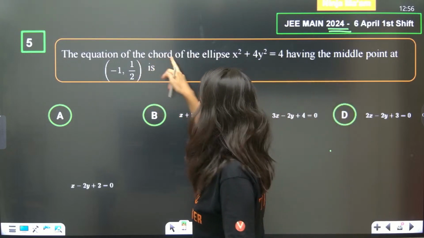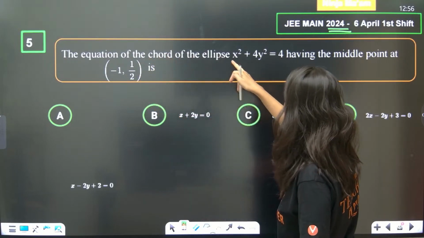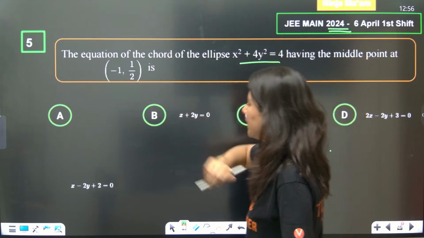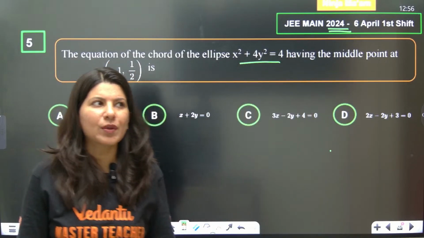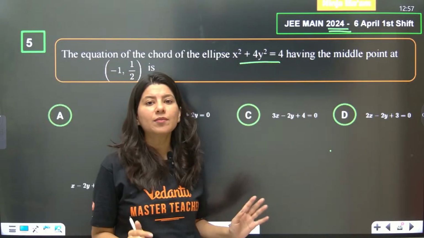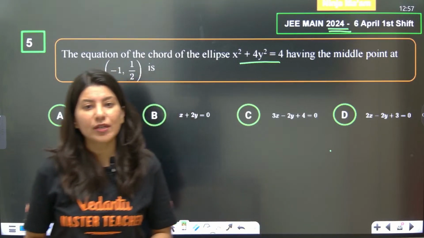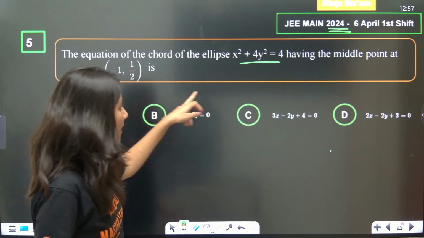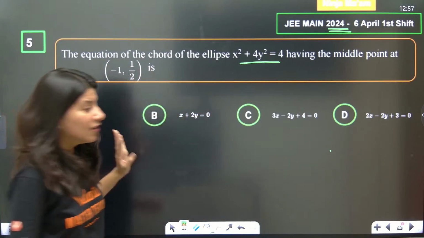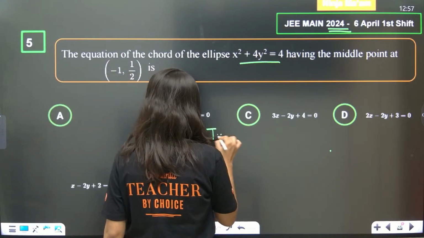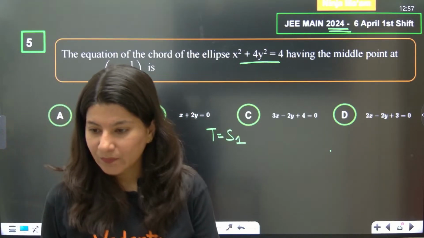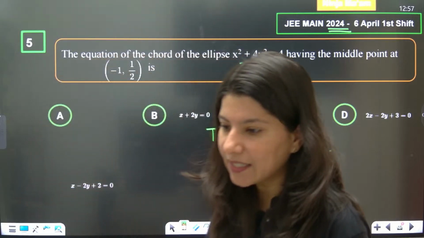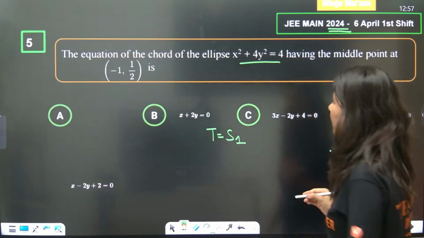The equation of chord of ellipse having the middle point. Now they are asking a very simple, direct, straightforward question observed in the January attempt as well: the equation of chord of the ellipse having the middle point given. So you know the equation of chord whose midpoint is given is nothing but T equals S1.